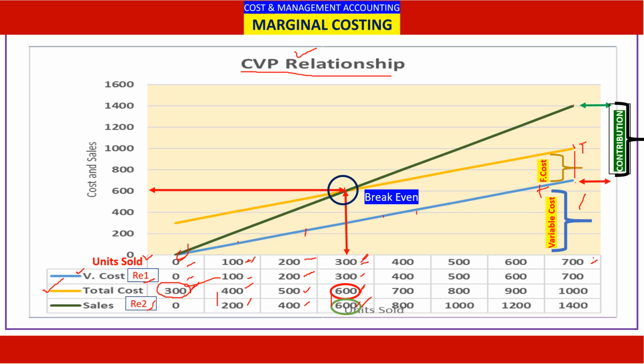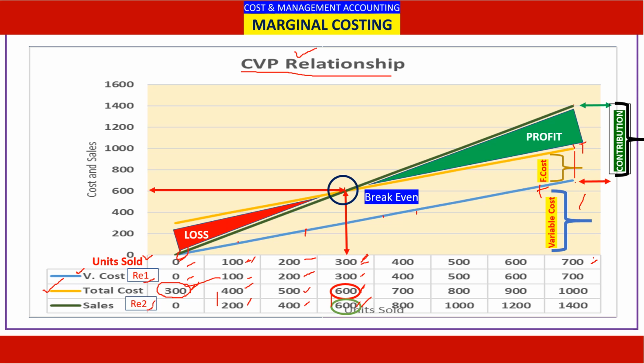Means sales minus variable cost is contribution. What is contribution? Contribution is towards fixed cost and profit. When you add profit and fixed cost, it becomes contribution. When the contribution is less, it is fixed cost minus loss.